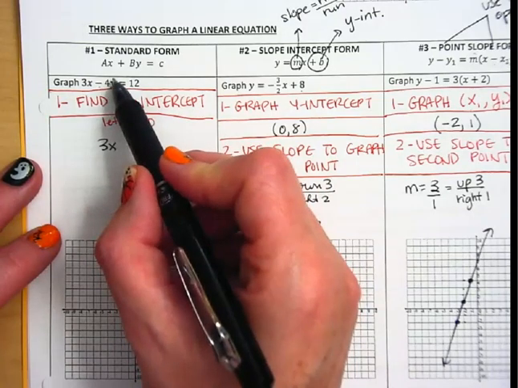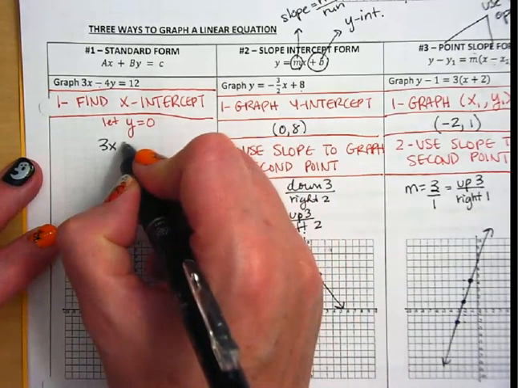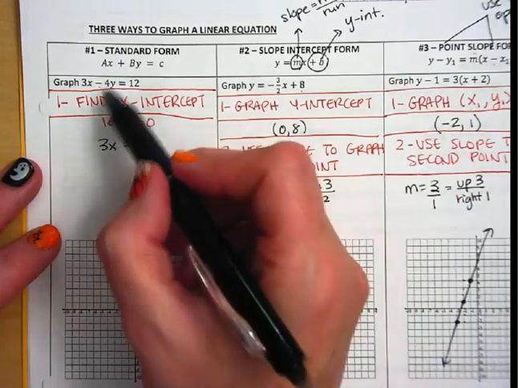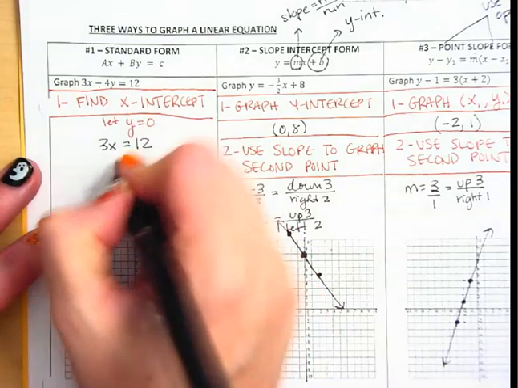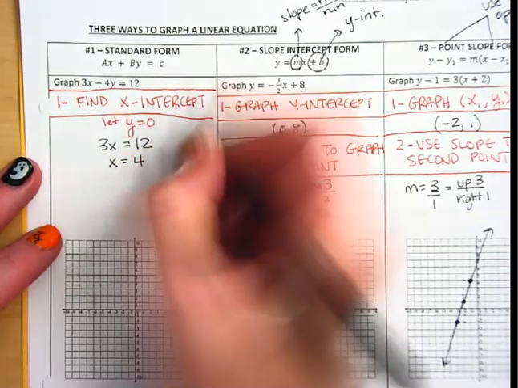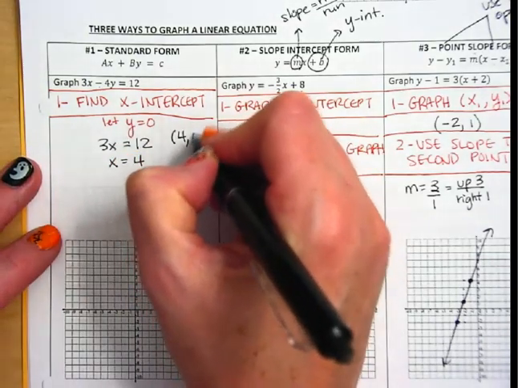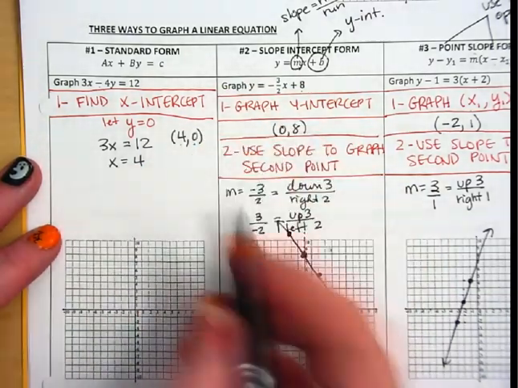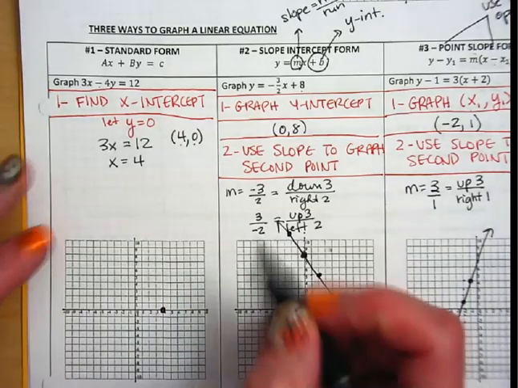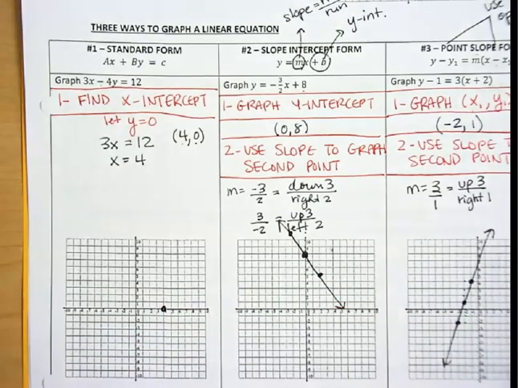So I'm not even going to write that. So 3x equals 12 because the y term went away. And now I'm going to divide by 3 and x equals 4. So my ordered pair is (4, 0). When y is 0, x is 4. And I'm going to graph it on my grid.